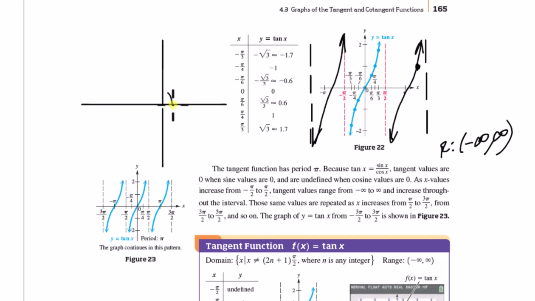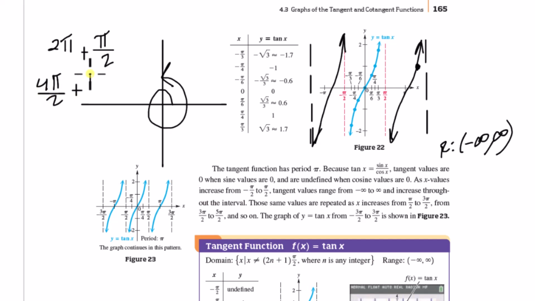So for example, 2 pi plus pi over 2 would be 4 pi over 2 plus pi over 2. So yeah, that's 5 pi over 2.